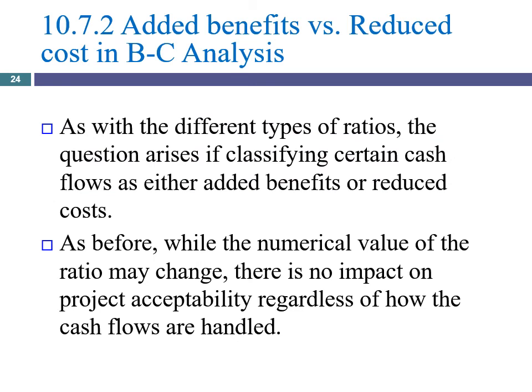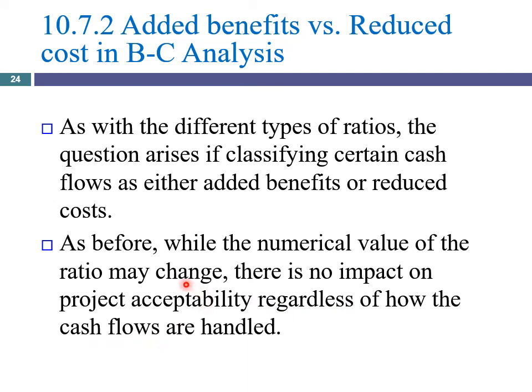So sometimes we need to classify certain cash flows as being whether they are benefits or they are reduced costs while calculating this BC ratio. How to classify this? The previous example actually showed us that the numerical value of the ratio may change, but there is no impact on project acceptability regardless of how we handle these cash flows.